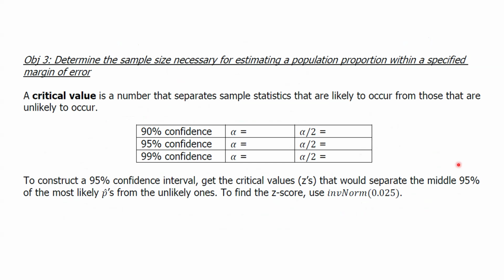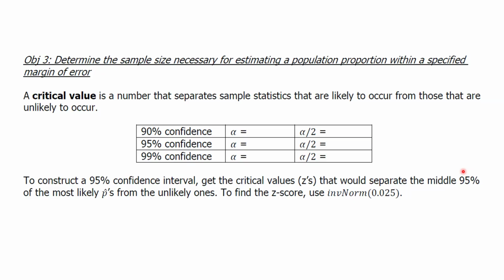All right. Objective 3, determine the sample size necessary for estimating a population proportion with a specified margin of error. So, we first need to understand critical values before we can achieve our objective in this part.